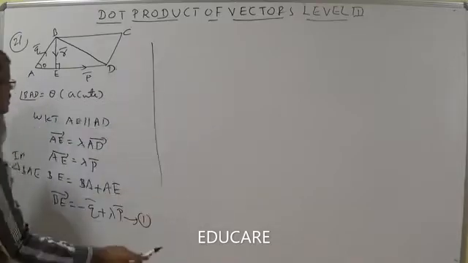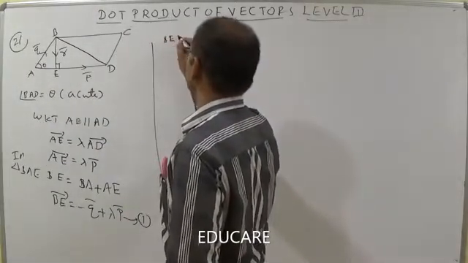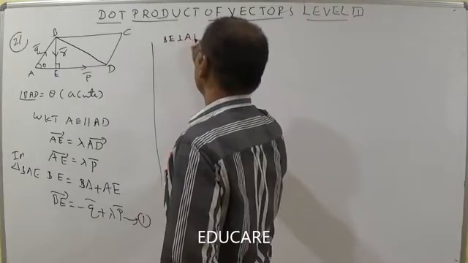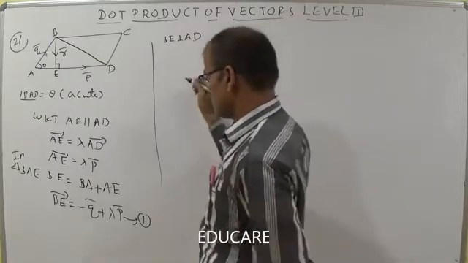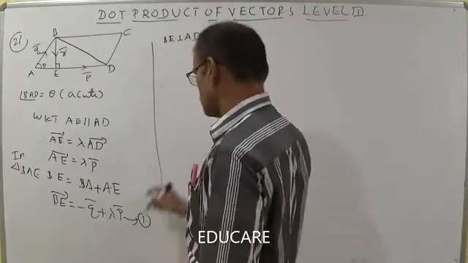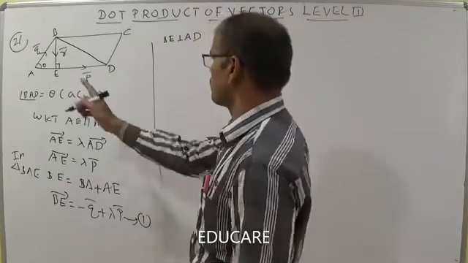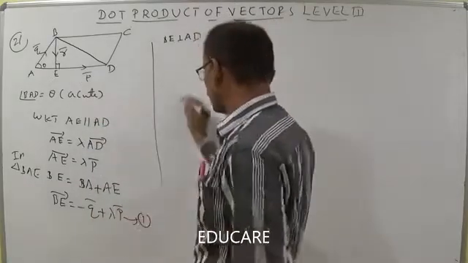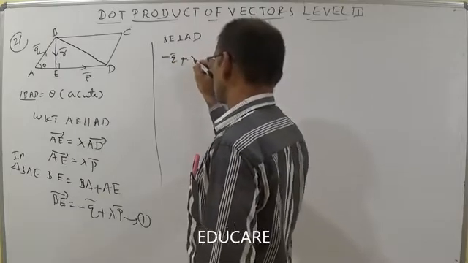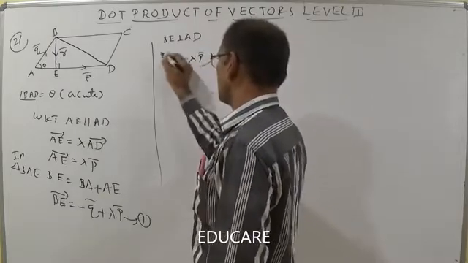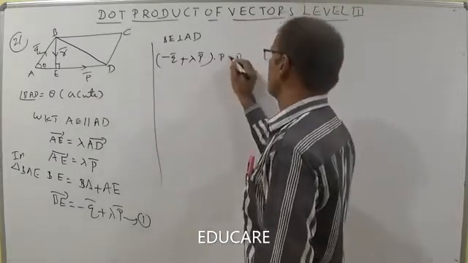Next, BE is perpendicular to AD, and AE also lies along AD. So minus Q bar plus lambda P bar, dotted with vector AD which is P bar, is equal to 0.